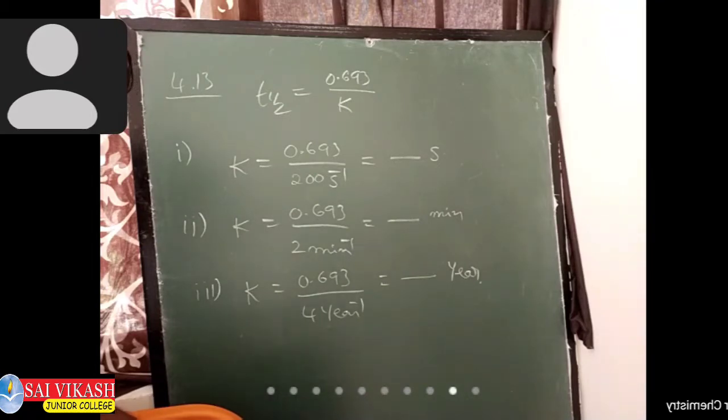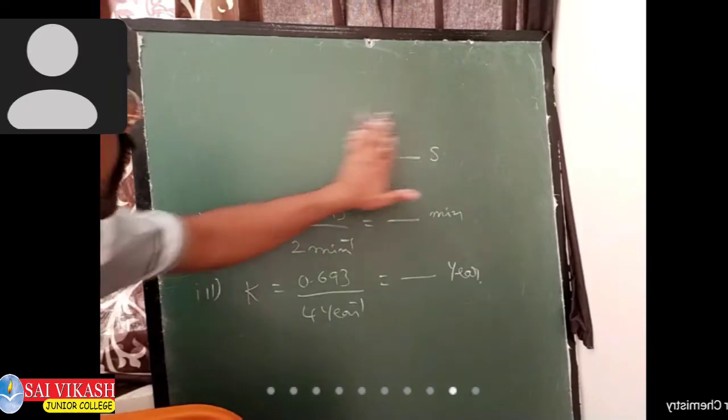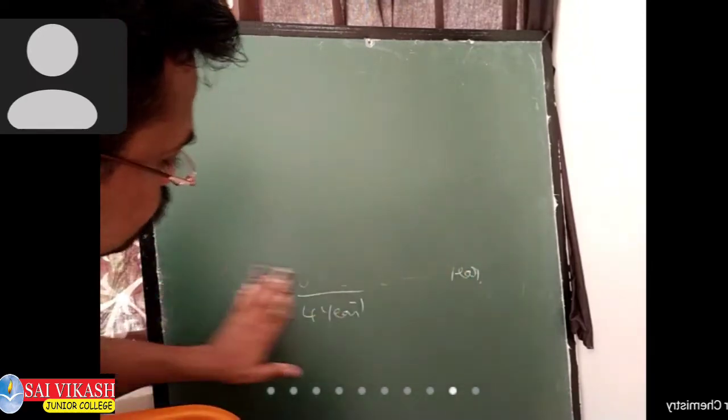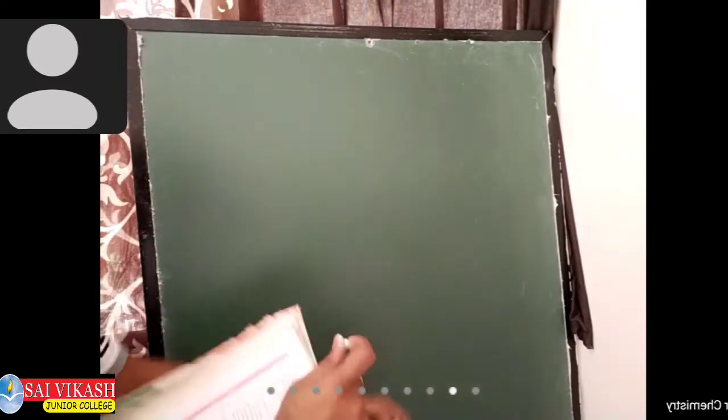Next one, we will do this type of question. 4.19, first order integrated rate equations problems. 4.19: a first order reaction takes 40 minutes for 30% decomposition. Calculate T half.